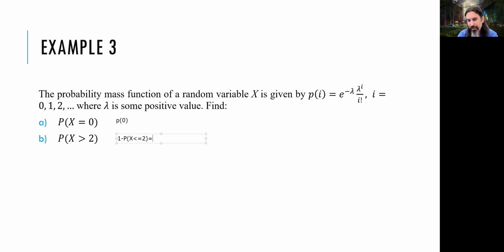So from here I can actually write 1 minus p0 minus p1 minus p2. No, the P should be small but capital. So I can write this one instead of this one.